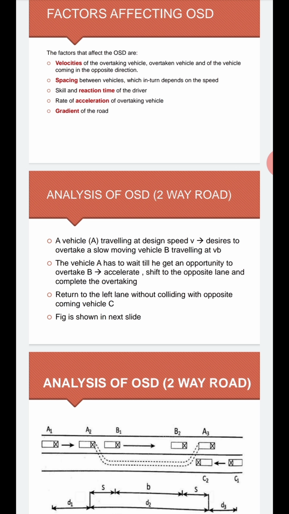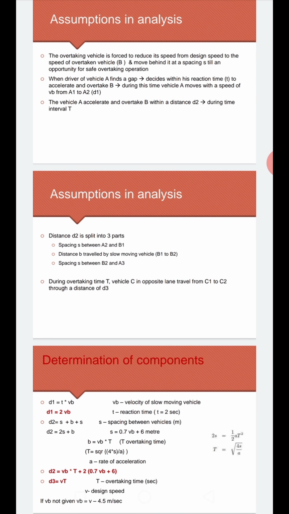Then small d2 is the overtaking vehicle moving from the A2 position to the A3 position. The total distance is b plus 2s, and small d3 is the opposite coming vehicle moving from C1 to C2. The same explanation is given here in the initial two slides, the analysis part.